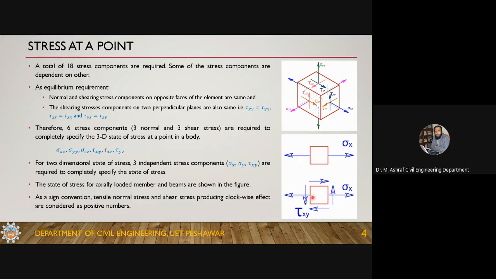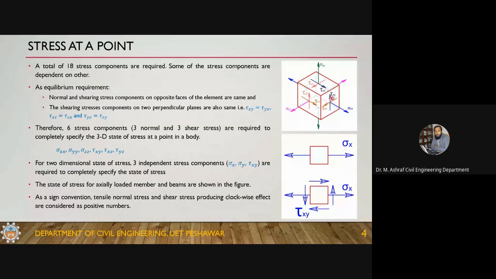If you see this as a couple, we say this shear is producing a counterclockwise couple, and it is always like this. So this is the x plane and this is the y plane. This is tau xy, and this is tau yx. Since they are the same, we just say they are tau xy. Tau xy is equal to tau yx.